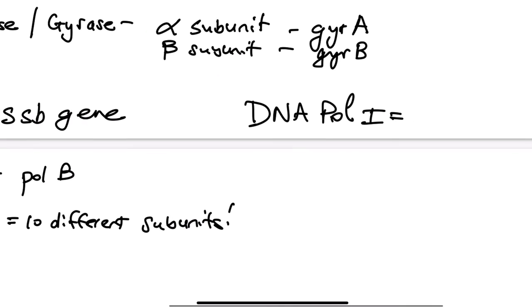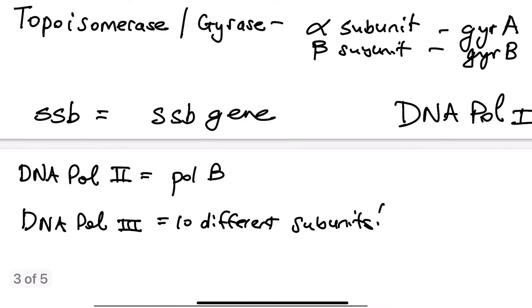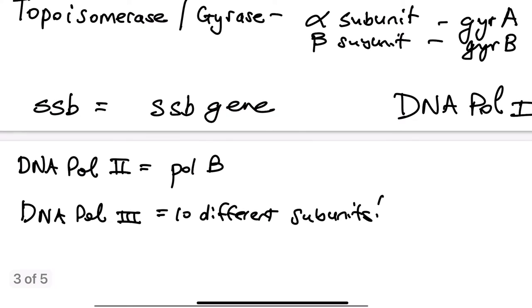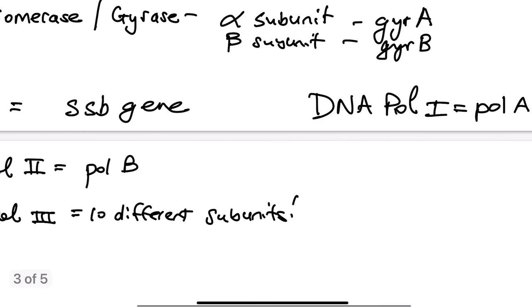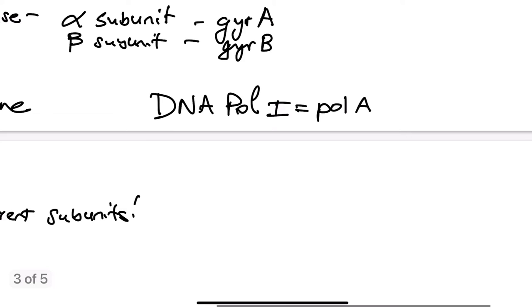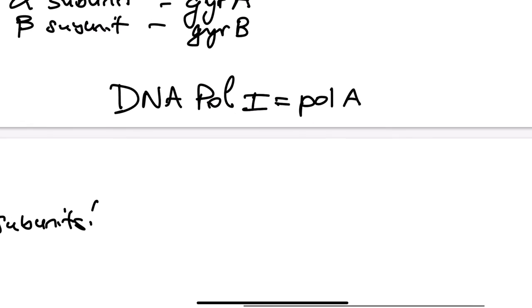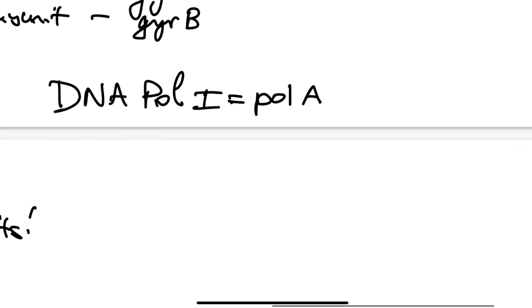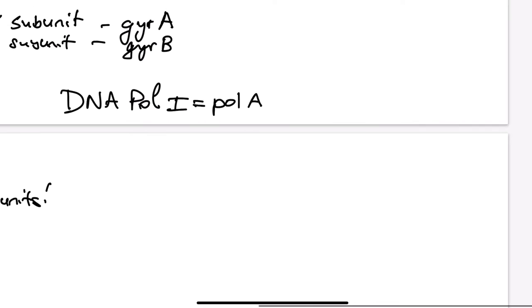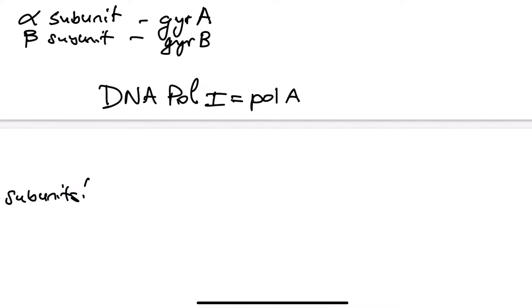This enzyme is sometimes also known as just pol A. DNA pol 2 is pol B, and then DNA pol 3 is much larger. It has 10 different subunits. So if we talk about our pols in sequential order here, DNA pol 1 fills in all the small segments during replication and repair.